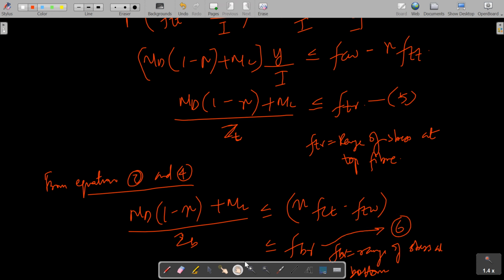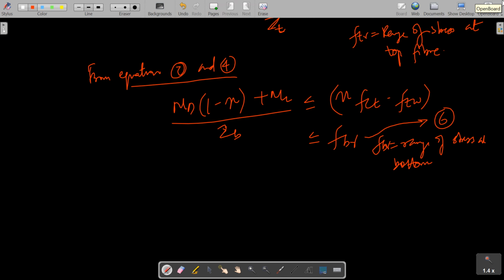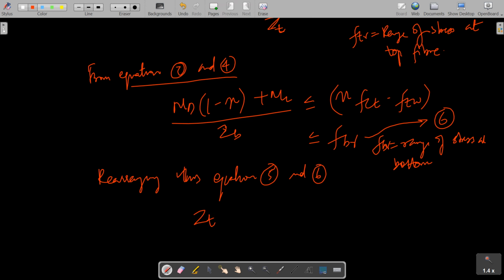I can rearrange equations 5 and 6. I can write ZT, the section modulus required at the top fiber, should be greater than or equal to (ML + (1 - η) MD) divided by FTR.